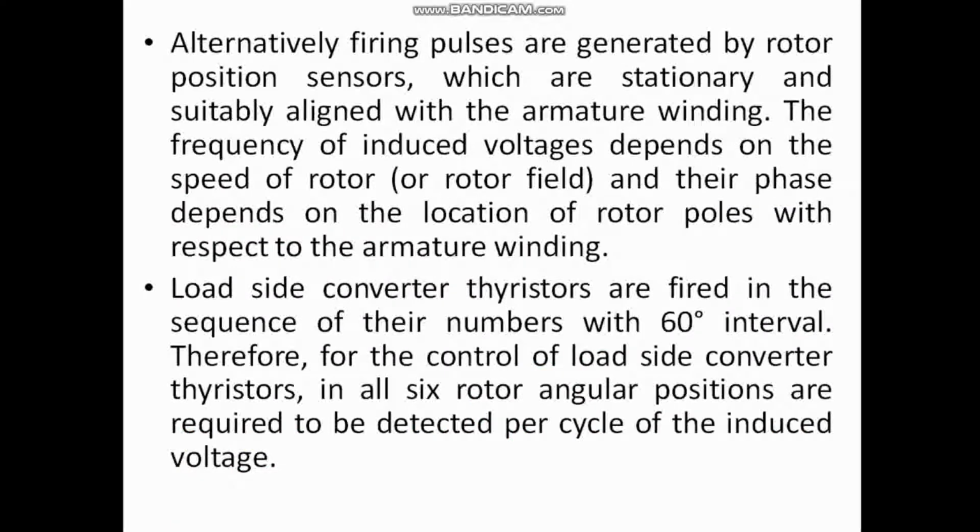Alternately, firing pulses are generated by the rotor position sensors, which are stationary and suitably aligned with the armature winding. The frequency of induced voltages depends on the speed of the rotor, and their phase depends on the location of the rotor poles with respect to the armature winding.